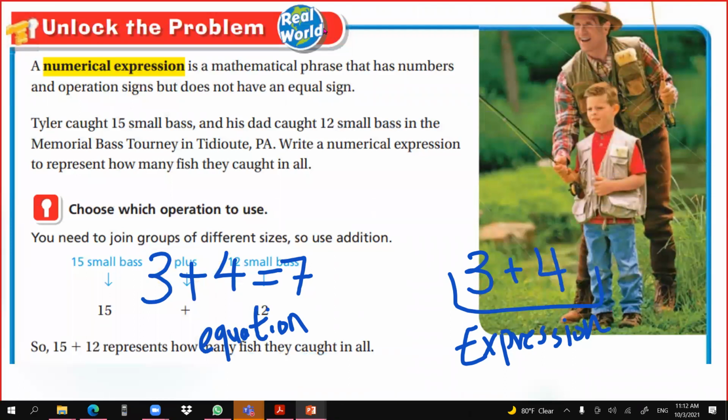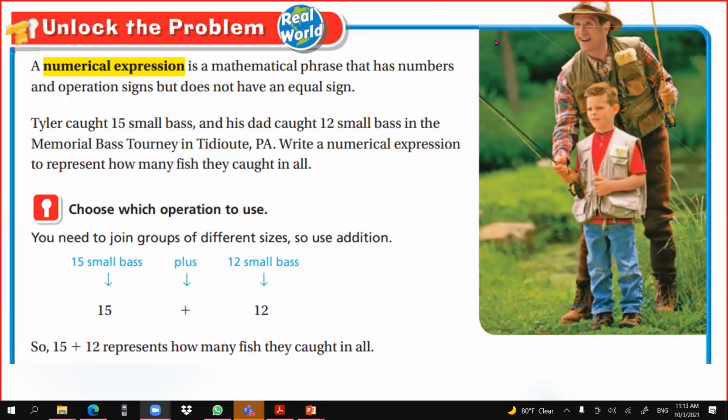Now let's see, how can we write the numerical expression? Here I give you a sentence, okay? You need to read it. It's page 61.